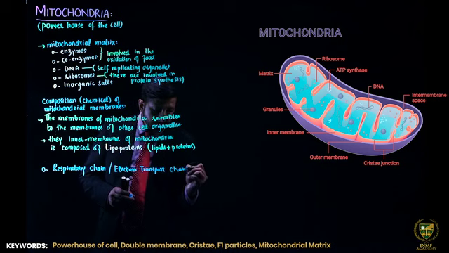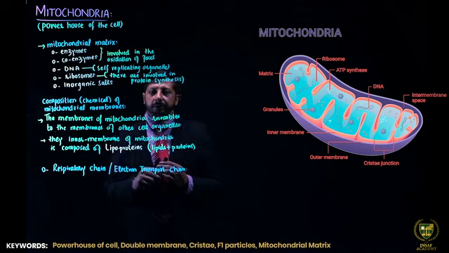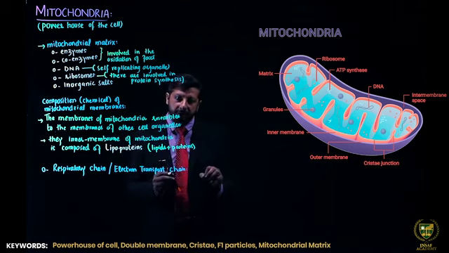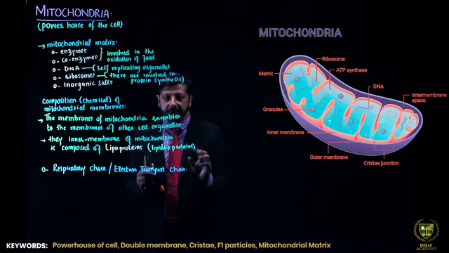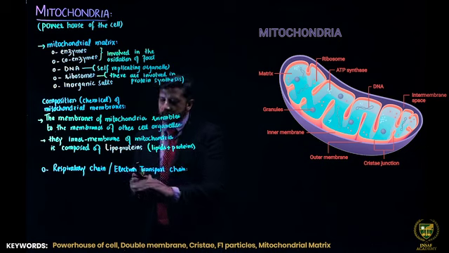Clear? Which will be discussed in detail in chapter number 11, bioenergetics, the second last topic of bioenergetics. Clear? Chapter number 11, इंशाल्लाह उसमें डिटेल के साथ आपको समझाऊंगा the respiratory chain.